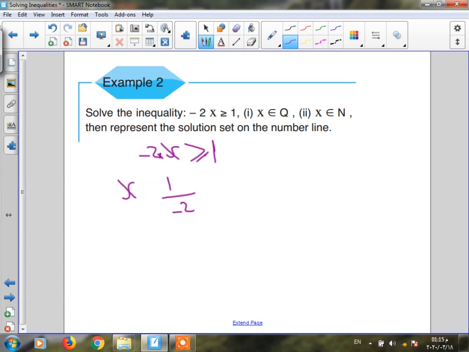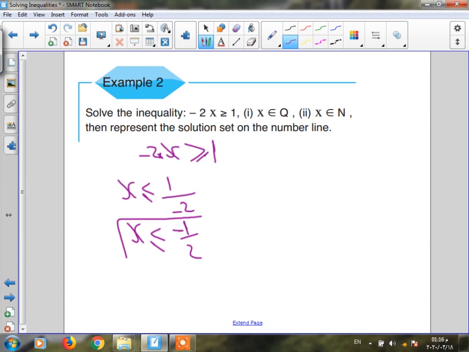If I divide by a negative, I have to change the sign. It's very important to say that if I divide by a negative, I change the sign. So x less than or equal to 1 divided by negative 2, which equals negative 1 over 2.